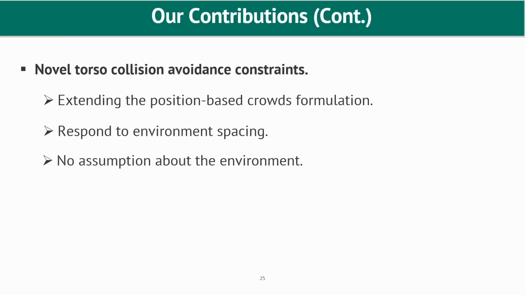Another contribution is that we propose novel torso collision avoidance constraints, extending the position-based crowd formulation, which can respond to environment spacing. And we don't have any assumption like active agents and passive agents.